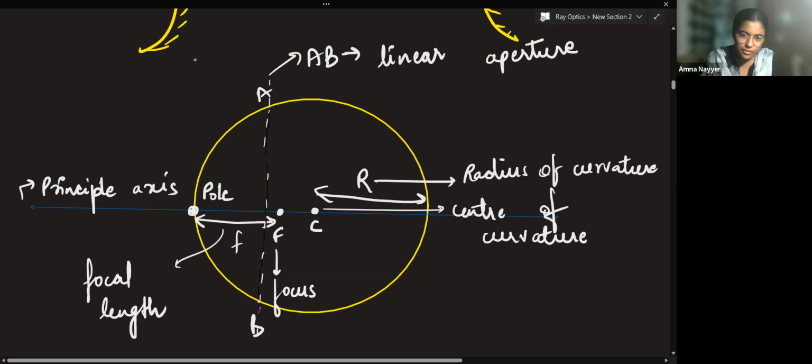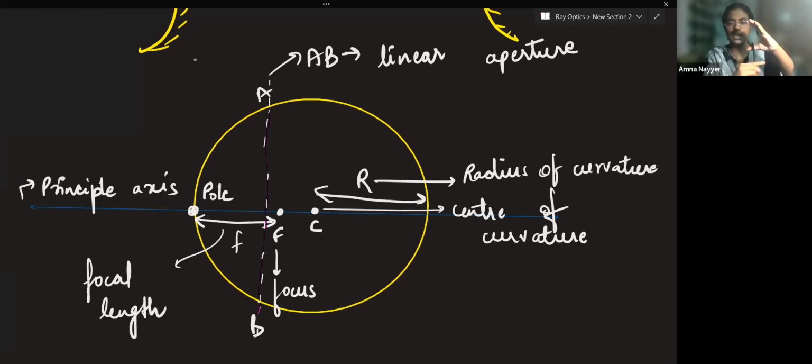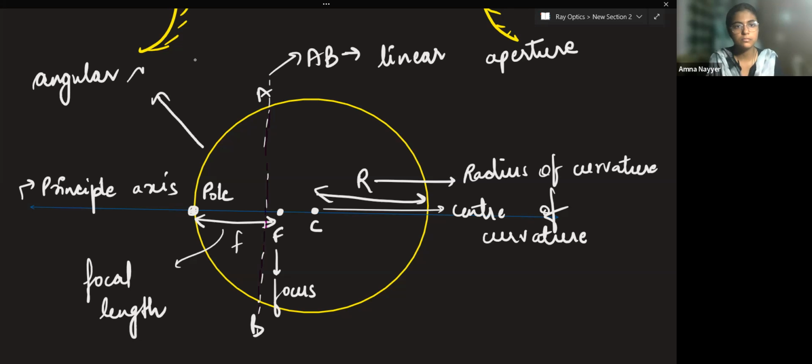And this curved part, this APB, the part at which the light rays will actually strike, becomes your angular aperture. So this part is the linear aperture and this part is your angular aperture.